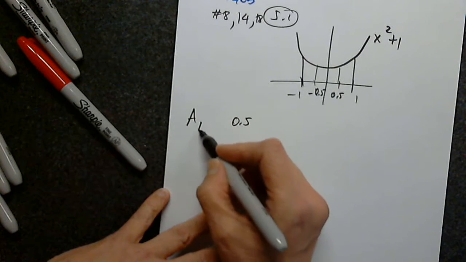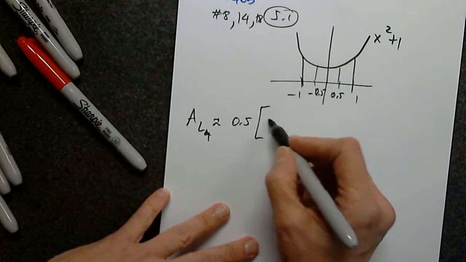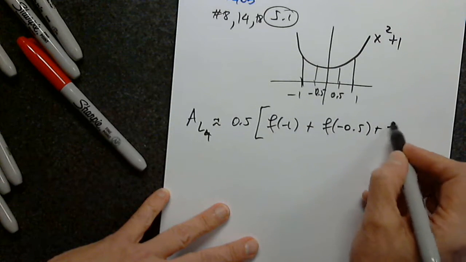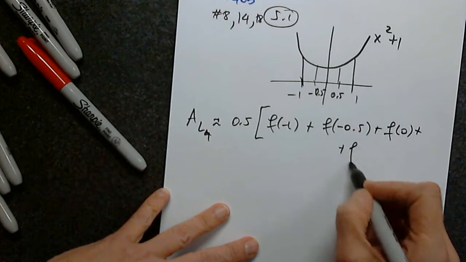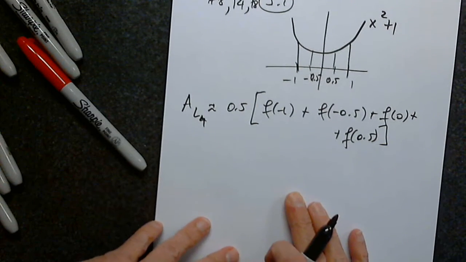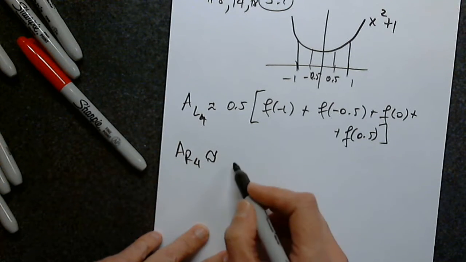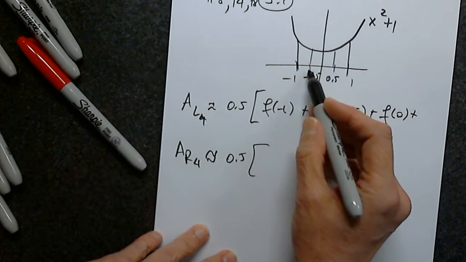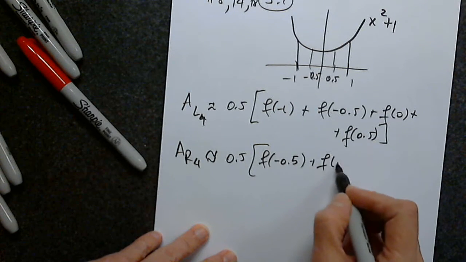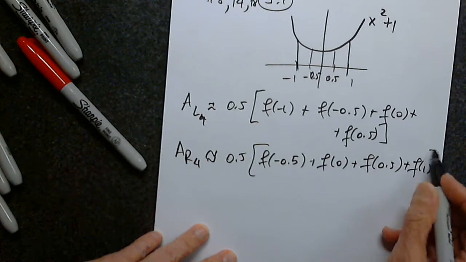So the area with the left 4 is 0.5 times f of negative 1 plus f of negative 0.5 plus f of 0 plus f of 0.5. If you have the right 4, you have the same thing, 0.5, but you start at this: f of negative 0.5 plus f of 0 plus f of 0.5 plus f of 1.